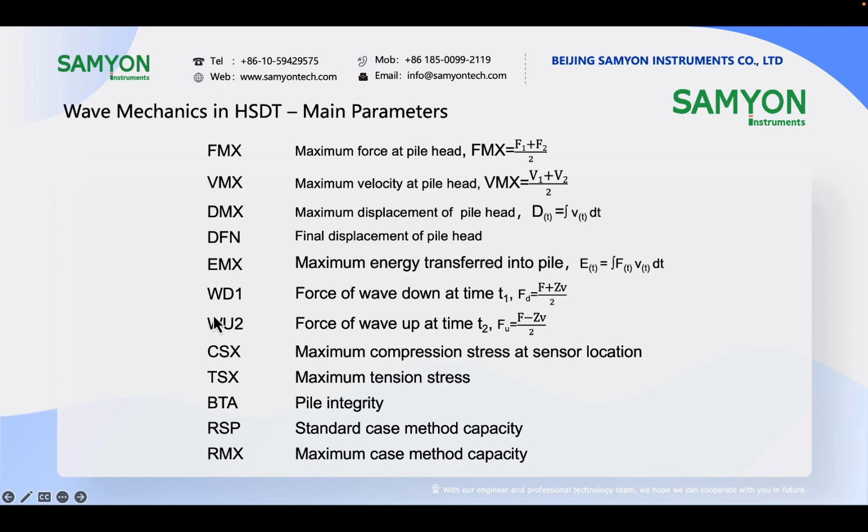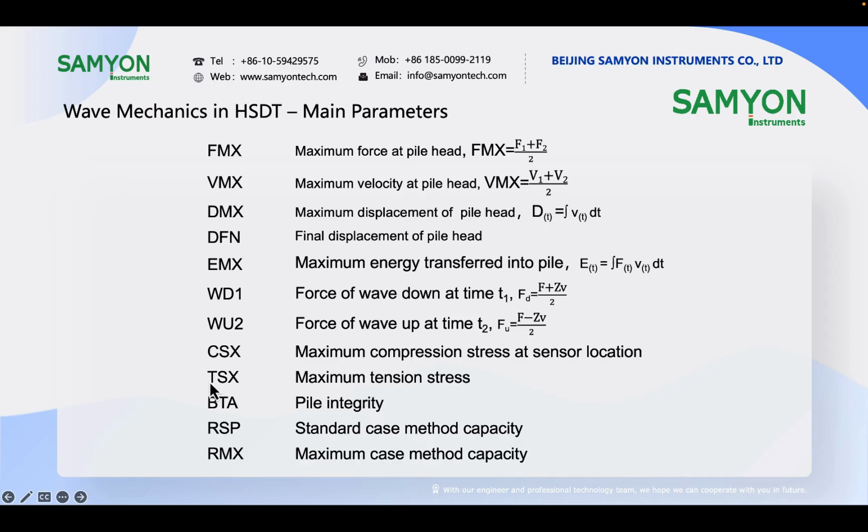So with these two parameters and the JC value, we can calculate the case method capacity. That is RSP here, the standard case method capacity. And RMX is the maximum case method capacity, which we will explain later when we reach this part.